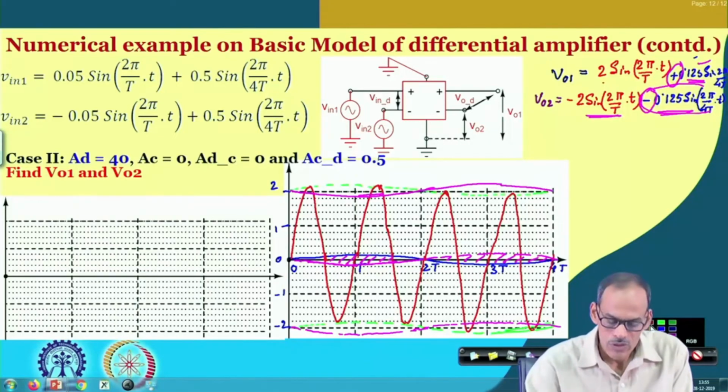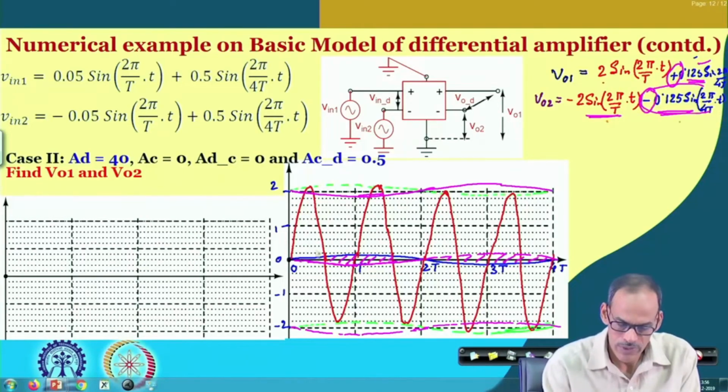Both this part and this part have opposite phase with respect to VO1.